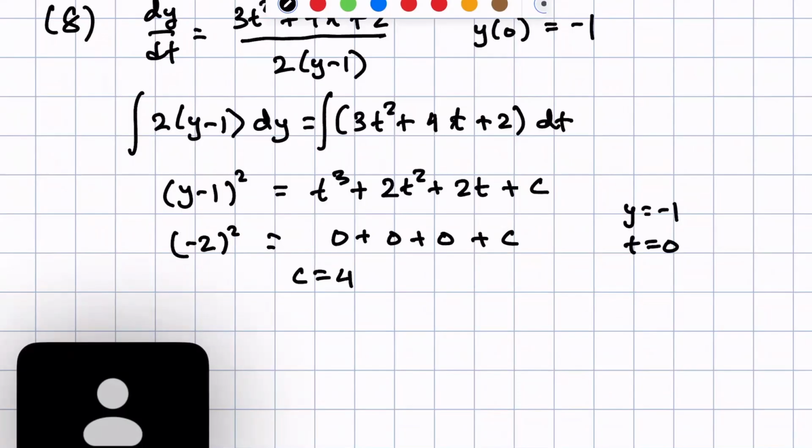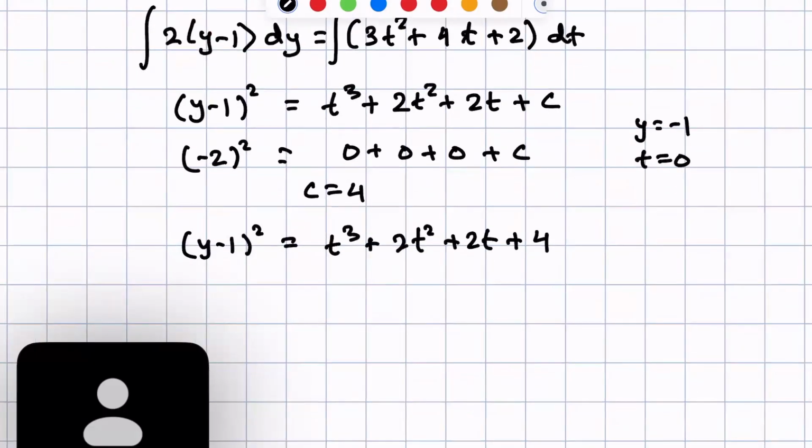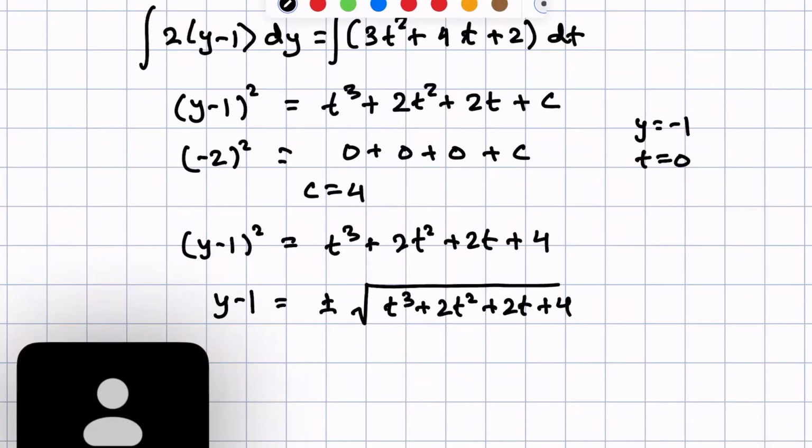So c is equal to 4. In this case, let's go back to (y minus 1) squared is equal to t cubed plus 2t squared plus 2t plus 4. And then I'm going to take the square root. So it's going to be plus or minus the square root of t cubed plus 2t squared plus 2t plus 4.